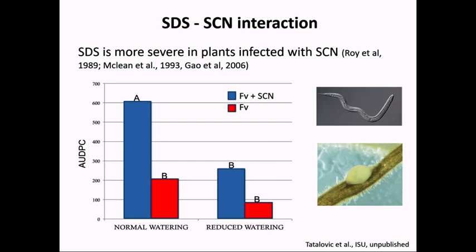And the graph you're seeing is data from one of my previous students where he infected plants with both pathogens, Fusarium virguliforme and SCN, or just Fusarium, and you can see a very significant increase, at least in normal watering, in SDS when both pathogens are present. Same trend in reduced watering, not statistically different, but it basically validated what has already been known. So management of SCN becomes important too when you're thinking of managing SDS.